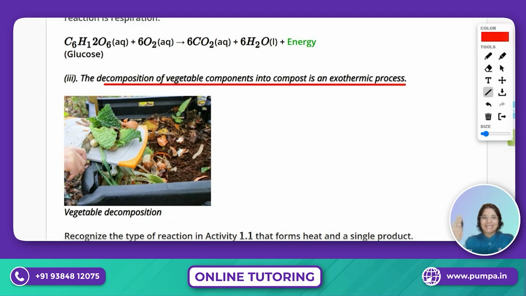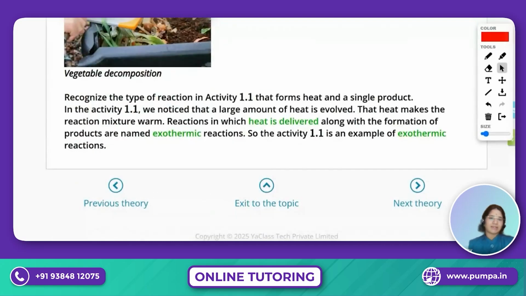Why? Because it decomposes, that breaking down process is also an exothermic process. Okay, got it? So yes, you have plenty of other examples where heat is being derived.